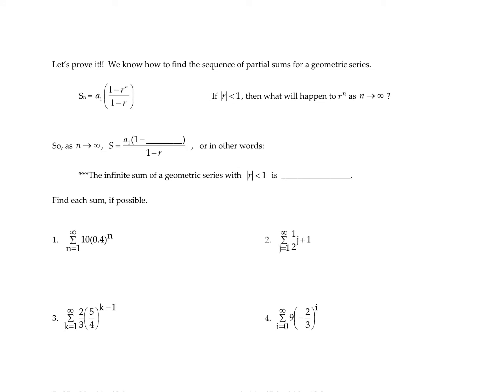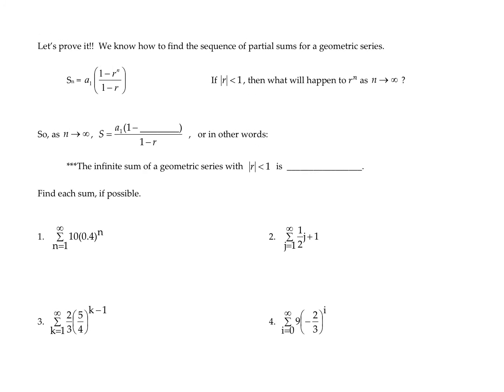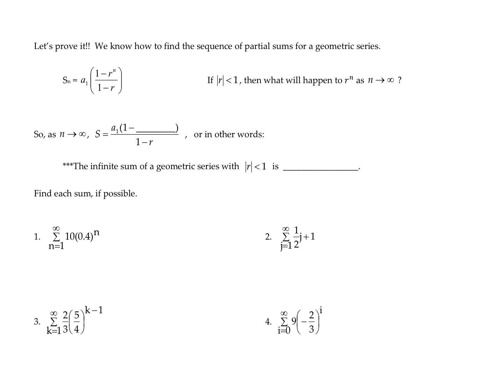All right, so let's give this a try. So we're going to prove it now. So here's our sum formula that we just found, and again, this was for a finite sum, or a finite series, you could call it, meaning I'm finding the sum of 1 to 10 terms. So you're finding a sum of a specific number of terms versus all the terms in the sequence. So if I do, as n approaches infinity, the sum would equal a1 times 1 minus 0.